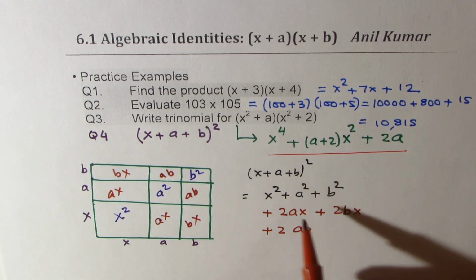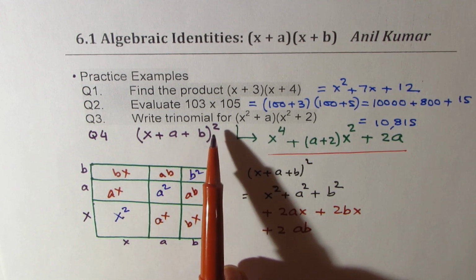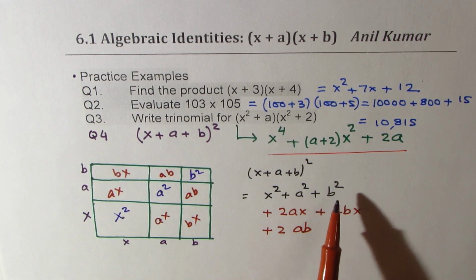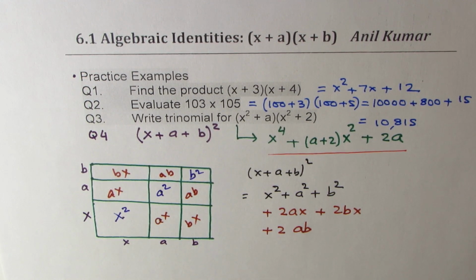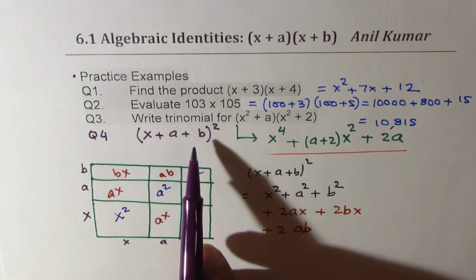Do you see that? So that is how you could expand it. So x plus a plus b whole square will be x square plus a square plus b square, plus 2ax plus 2bx plus 2ab. Does it make sense to you? Correct? So that is how you could actually expand the given term or polynomial.